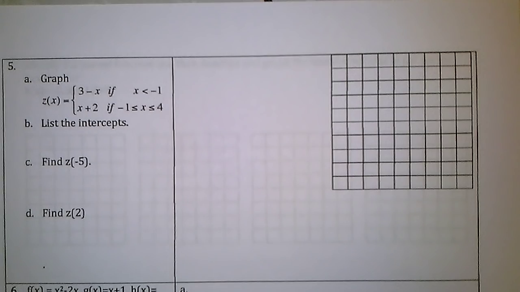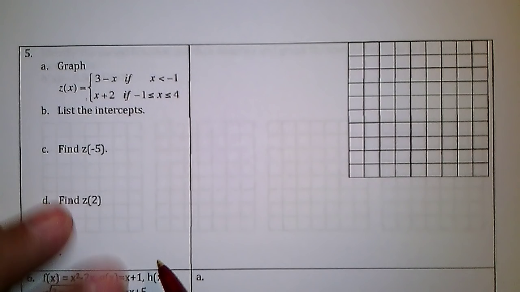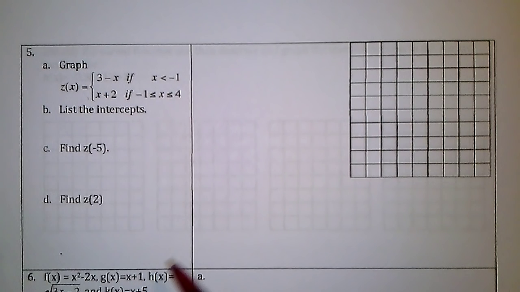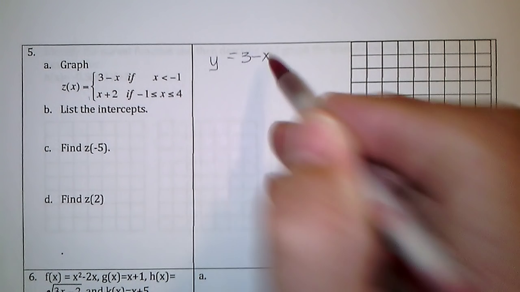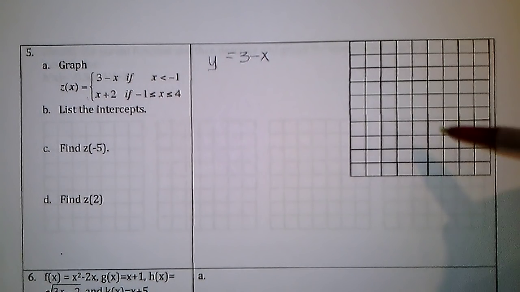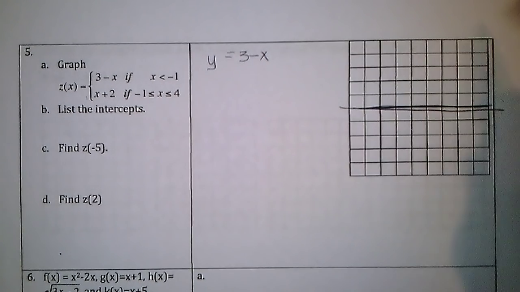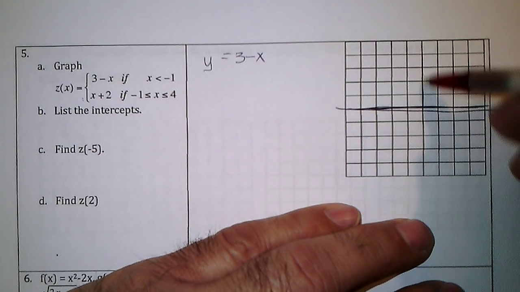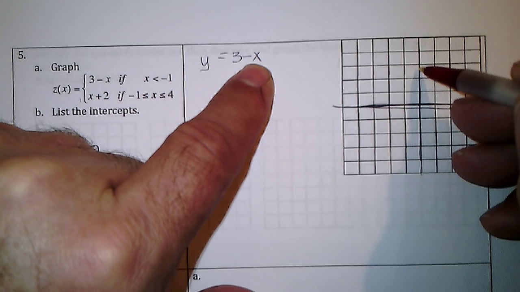Page 2. Graph this. Piecewise-defined function. So it's saying y is equal to 3 minus x. If x was 0, we would be at 3.